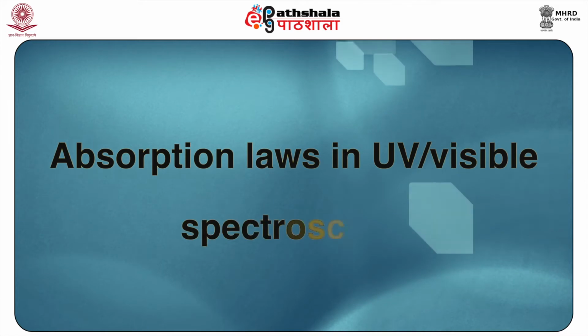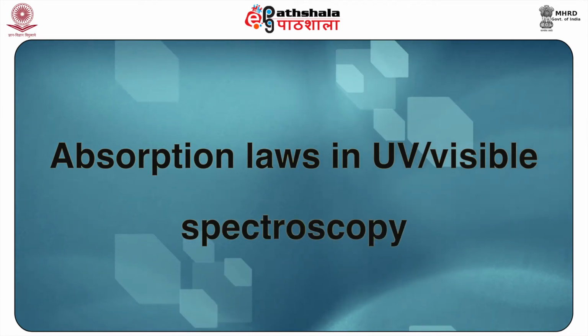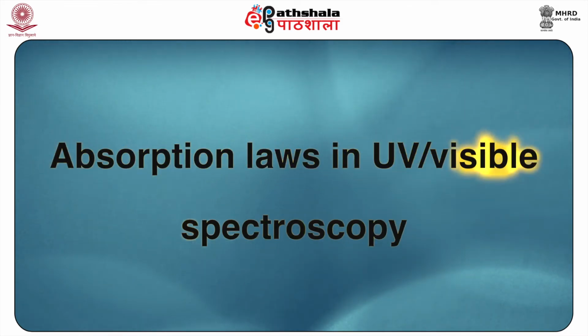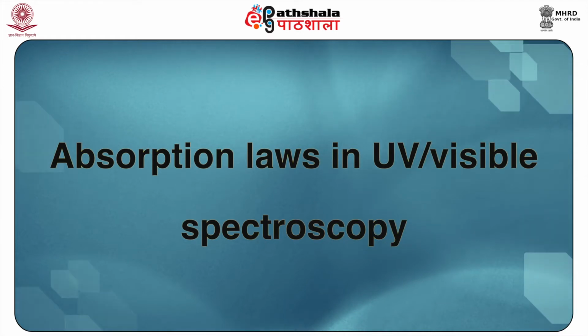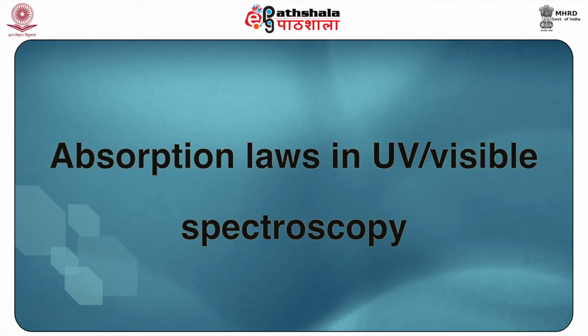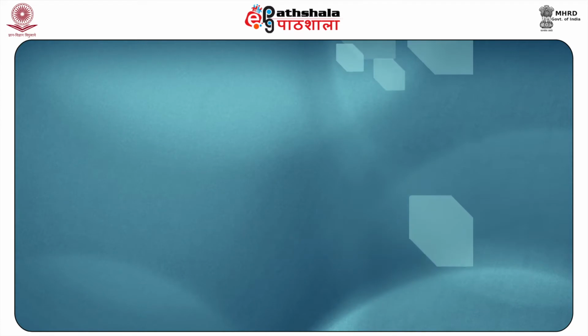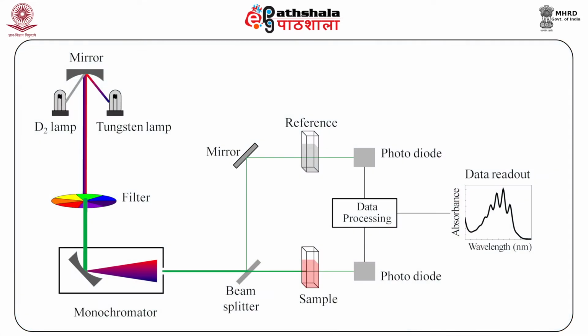Now let us try to understand the next aspect of UV visible spectroscopy, that is the laws governing UV visible spectroscopy. When electromagnetic radiation falls on a sample under study, some part of radiation is absorbed by the material, whereas the remaining part is scattered or transmitted.